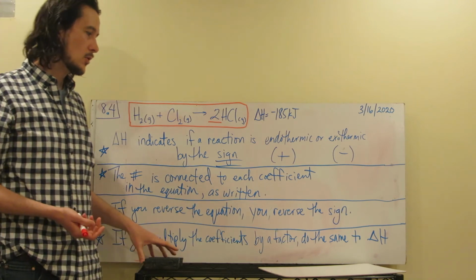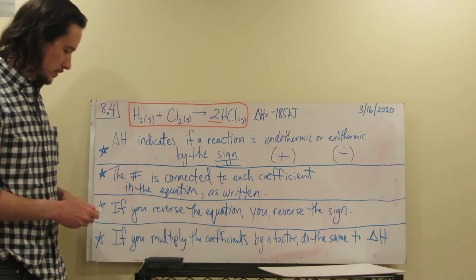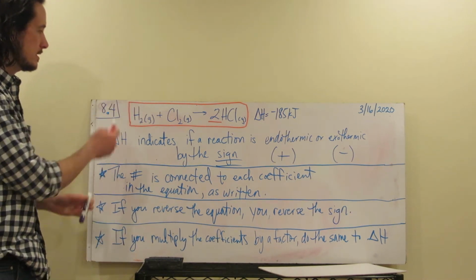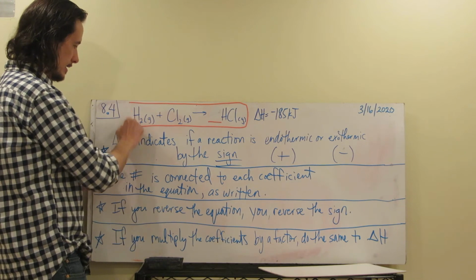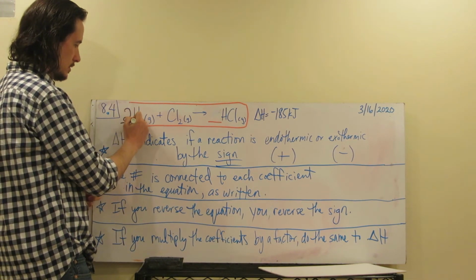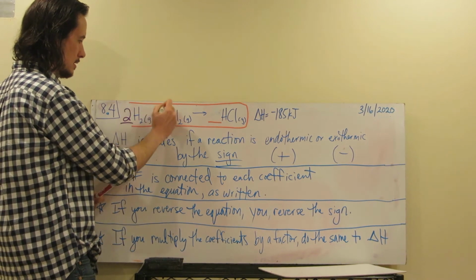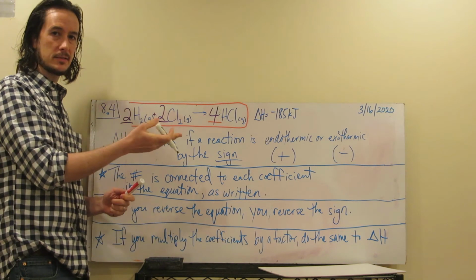If you multiply the coefficients by a factor, right? Like if you're ever asked something and they said, oh, you now have, instead of these coefficients, we're going to go ahead and we're going to write an equation and change it. So maybe we do like a 2, 2, and 4. 2, 2, and 4 is still balanced.